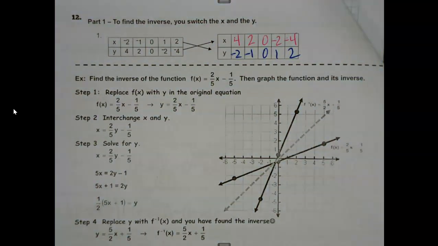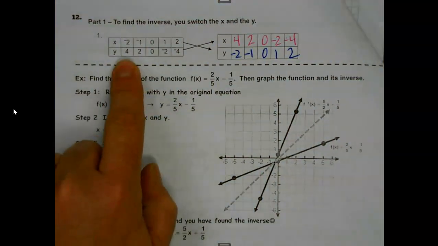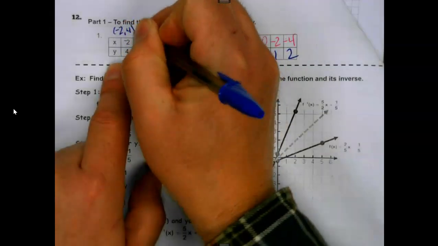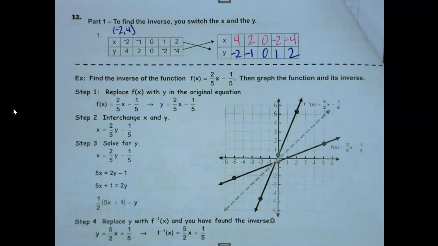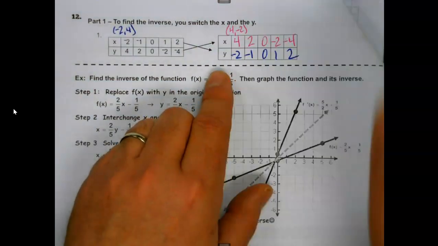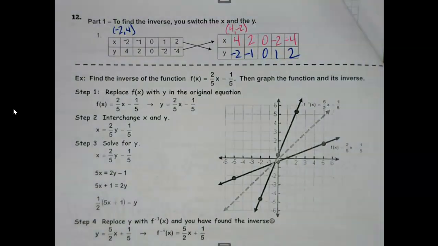Because if you think about it, if I looked at the first point as a coordinate point, that'd be -2, 4. But if I come over here, that same coordinate point is 4, -2. So no matter what format your points are in, you're just switching the x and the y around.